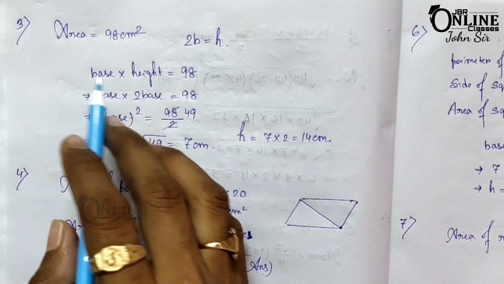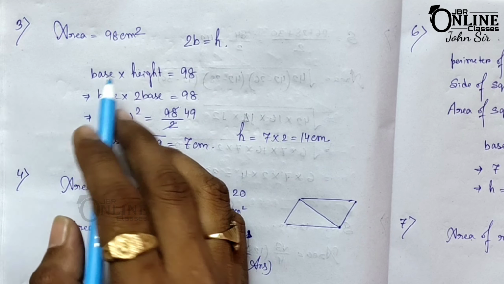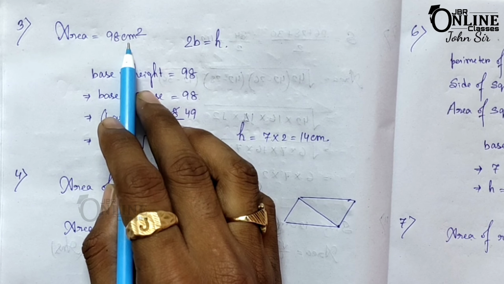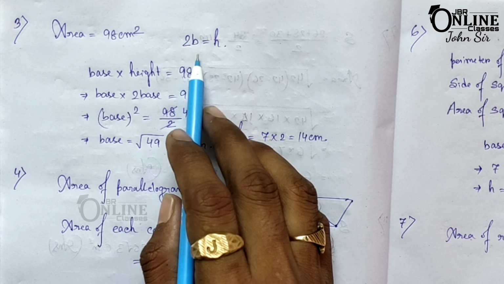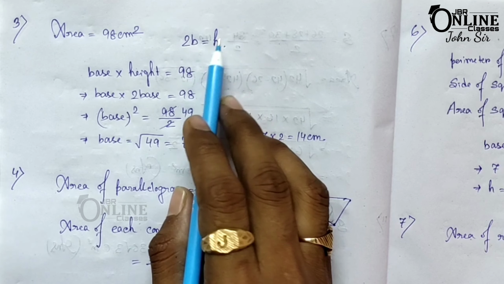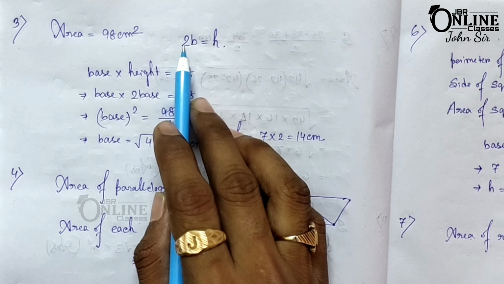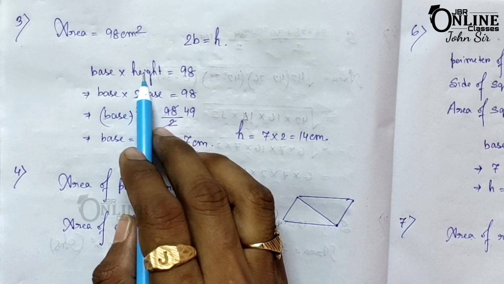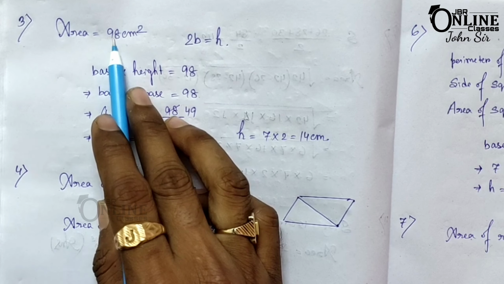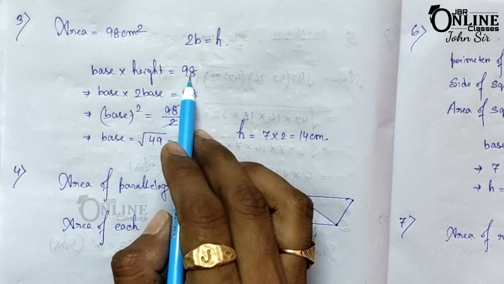Now sum number 3. The area of a parallelogram is 98 centimeter square and its altitude is twice the corresponding base. Altitude means height. So height is equal to twice the base, that means 2 into b. The formula is base into height equals area. So base into height equals 98.